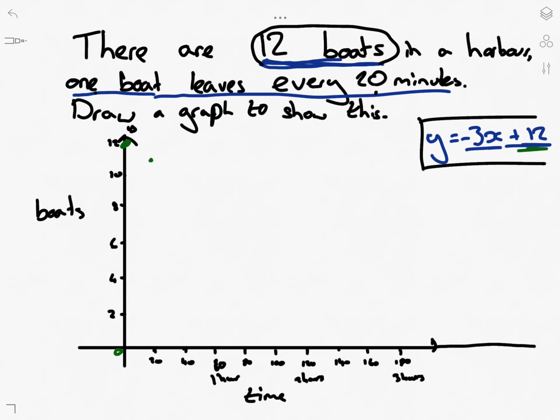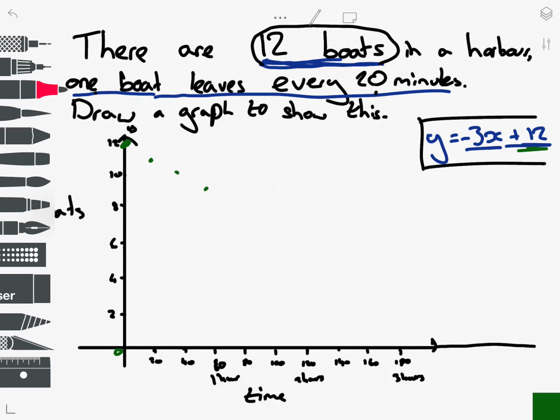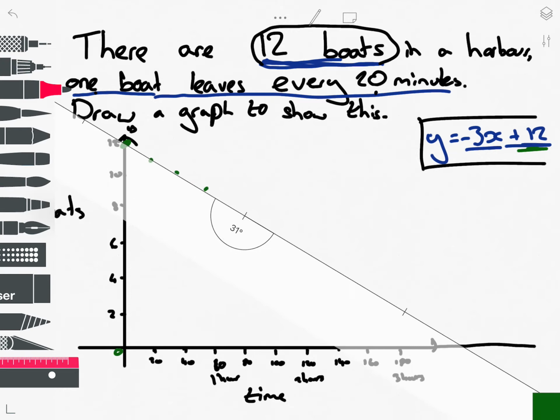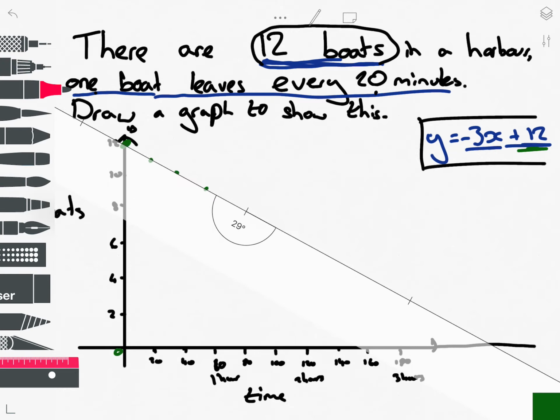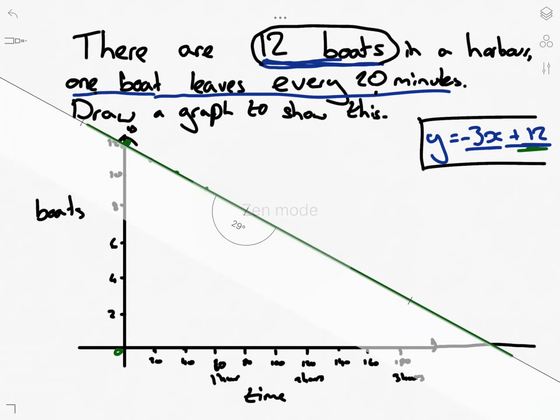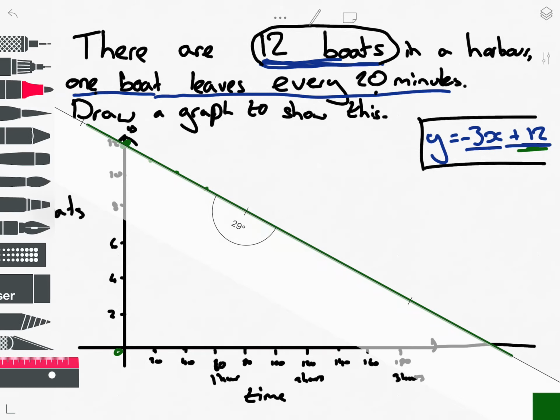After 20 minutes, we've gone down to 11 boats. After 40, it's 10. After an hour, we're on 9 boats. And so on. We can see, after we've got a few points, we can join them up and make the whole graph. So, I've extended the line past.